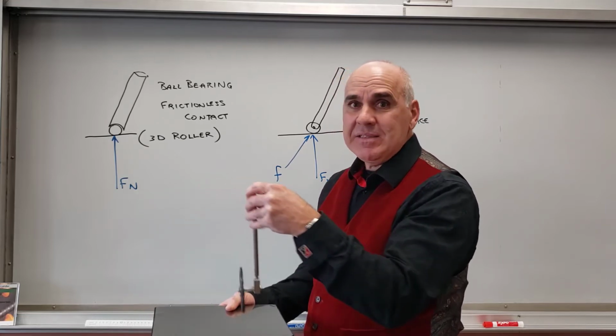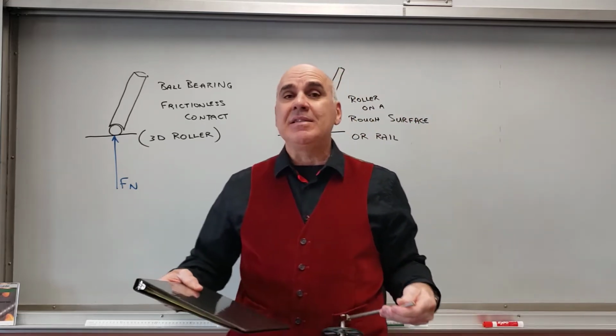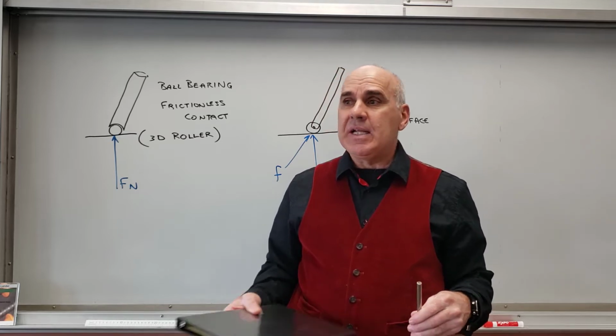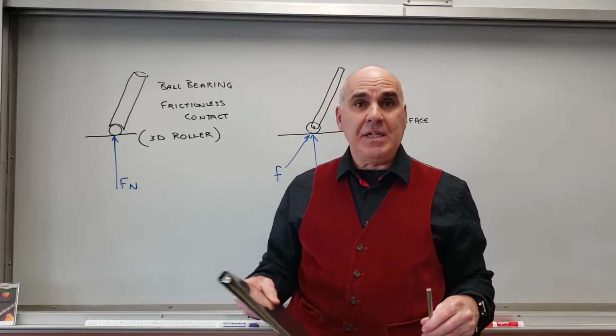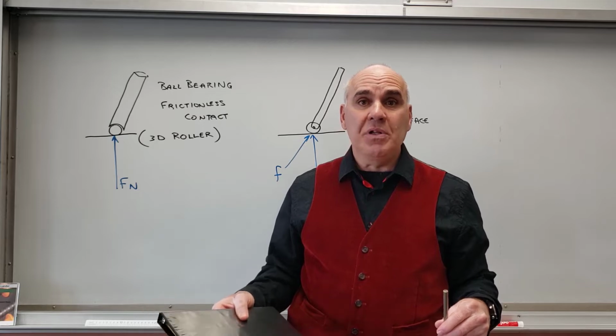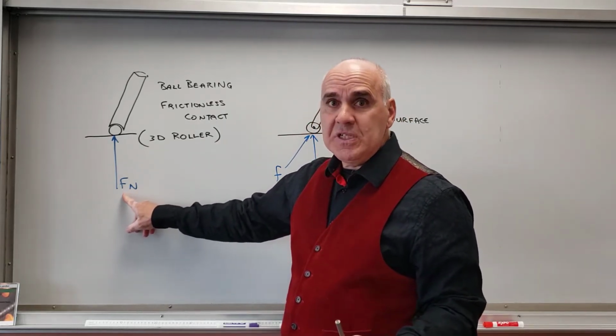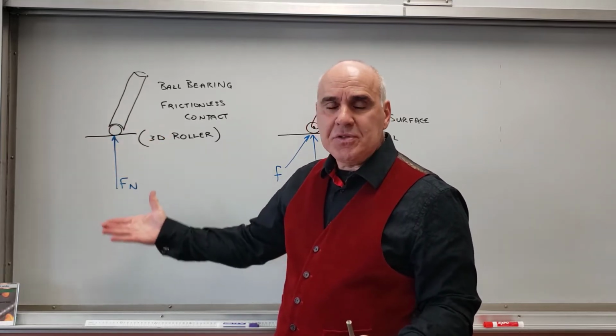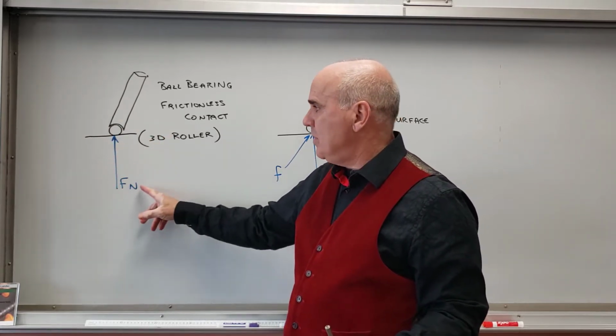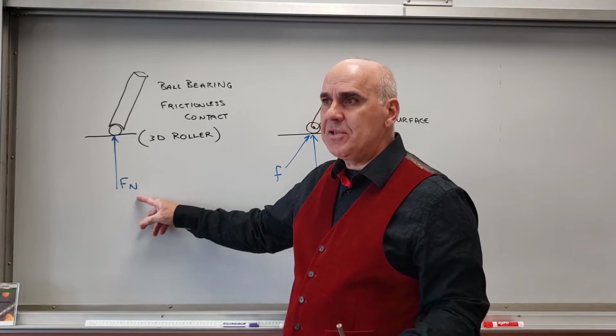Okay, so I'm not stopping any rotation. Since I'm not stopping any rotation, I consider this to be unable to apply moments. So all a roller can do is normal forces in the y direction, perpendicular to the surface. They can only exert forces perpendicular to the surface.